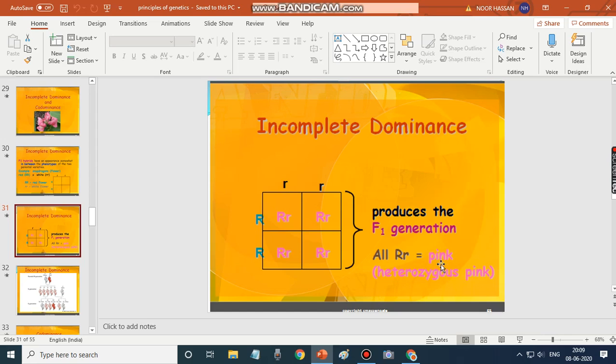Though the parental genotype is capital R, which shows red, and small r, which shows white, as per Mendel's law the flowers must be red, but instead they are pink. So dominance is not proved, and it is called incomplete dominance.